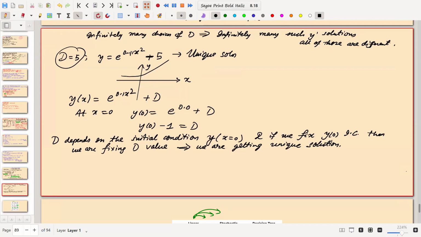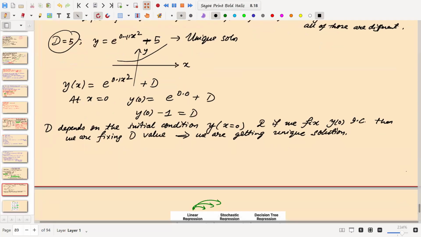So such kind of problems are known as initial value problems.